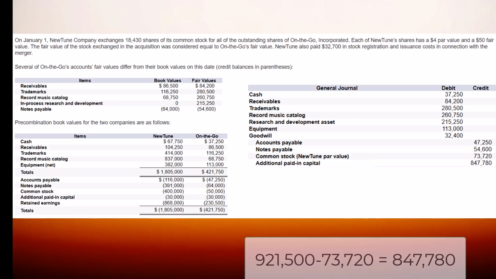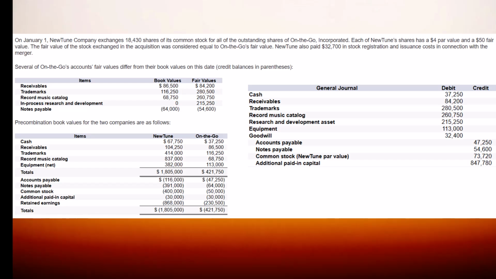This is the total consideration of $921,500 minus the par value portion of $73,720, which equals $847,780. Now, what about those stock issuance costs? They are not an asset, and they don't increase goodwill. Instead, they are treated as a reduction of the proceeds from the stock sale. Therefore, we debit additional paid-in capital and credit cash for $32,700.